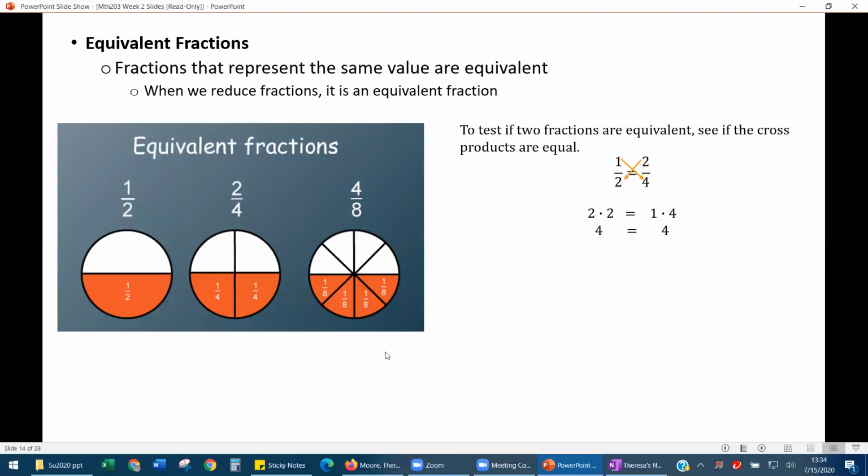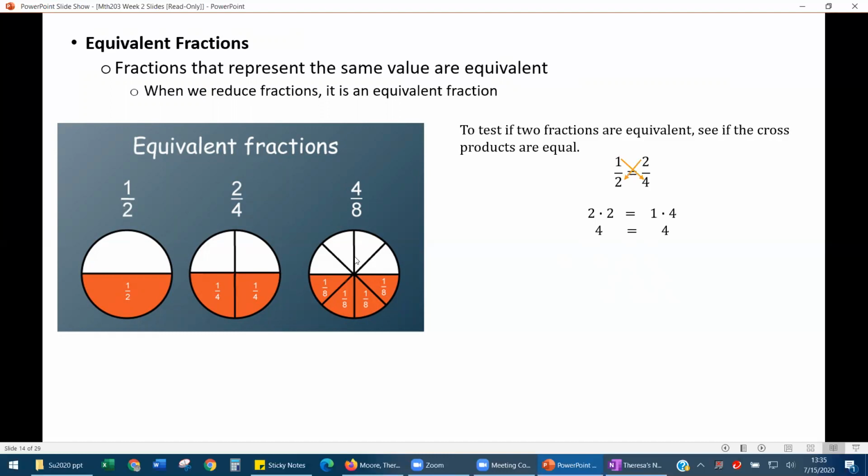So equivalent fractions. Equivalent fractions are fractions that have the same value, but they look different. So if you look at the 3 circles, the 3 circles are the same size. They're just divided into more and more equal portions. So if I take one circle, just divide it into 2 equal portions, the second circle is divided into 4 equal portions.